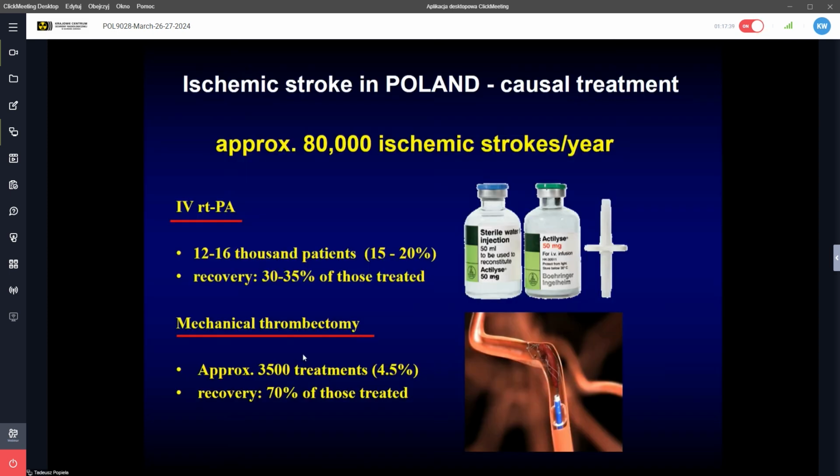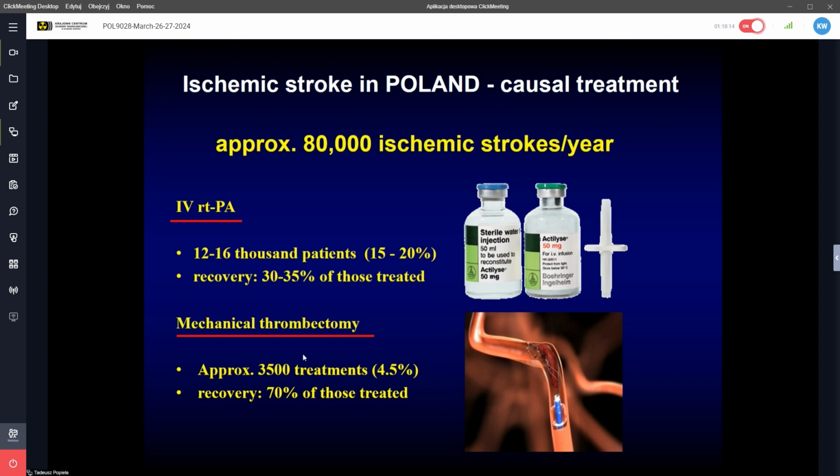And at the end, again, as was mentioned before, we have quite a big field of treatment of ischemic cerebral stroke. We have two main methods of causal treatment. One is intravenous thrombolysis, performed directly by the neurologist. The problem with this is that they must start the procedure within 4.5 hours from stroke onset, which is not very obvious, that the patient will be in the hospital on time.